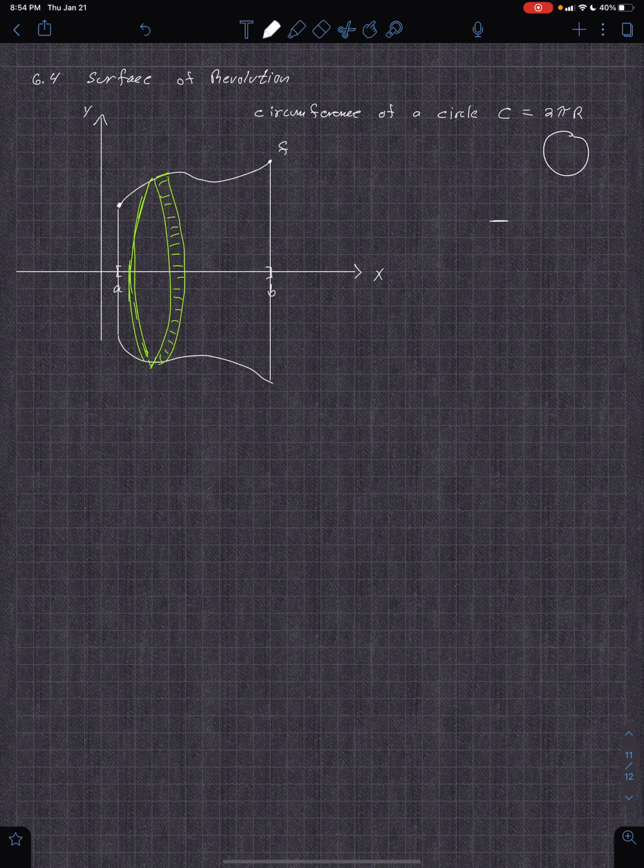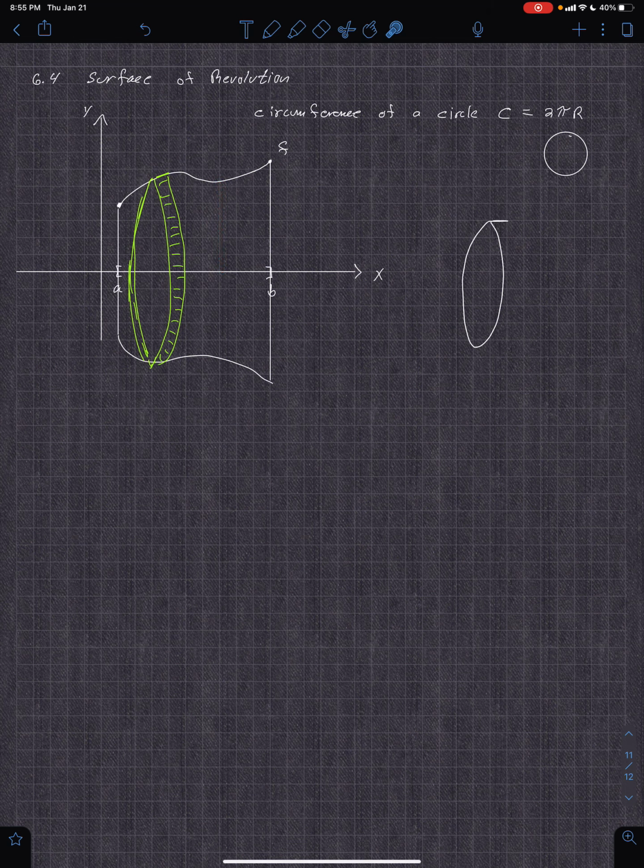So when you do this revolution, picture a circle like that, and all the way around is 2 pi times the radius. And keep in mind, what's the radius going to be? The radius is going to be the function value. That's just like we did before. The function value is the radius, okay?